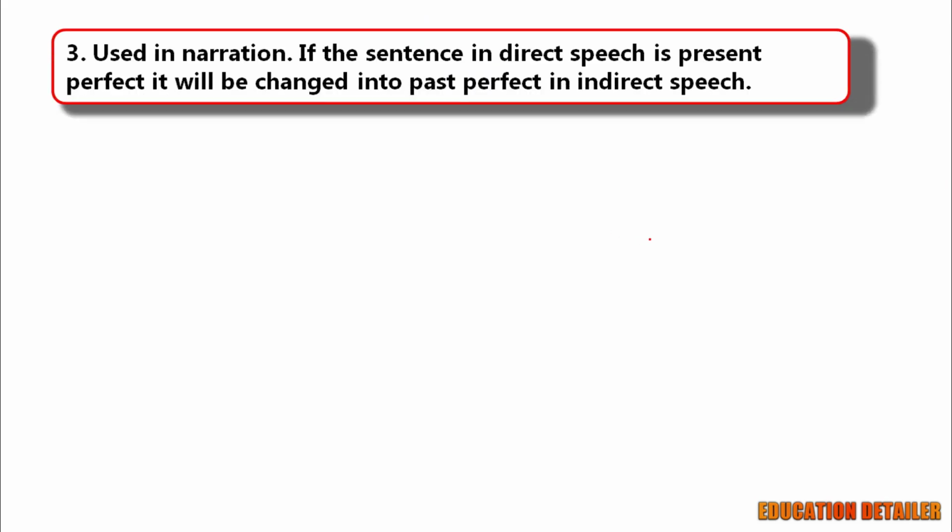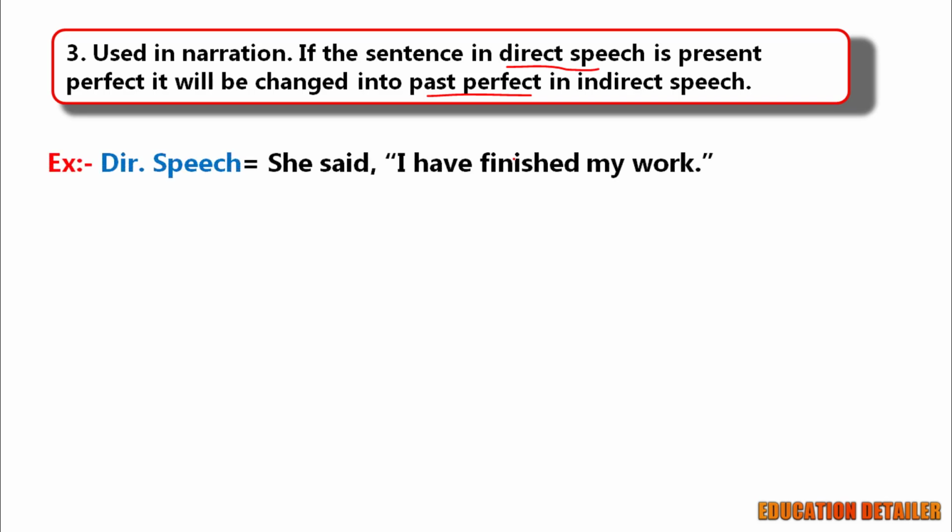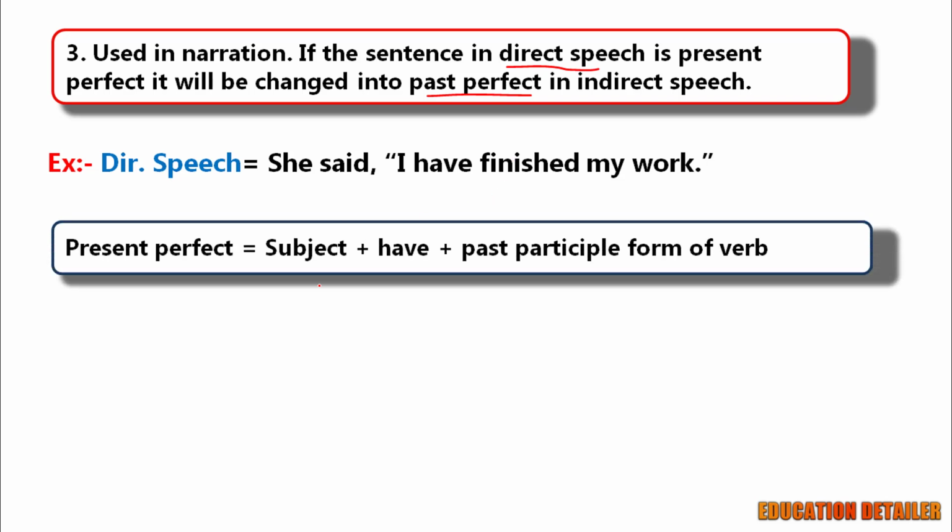Past perfect is also used in narration. When the sentence in direct speech is present perfect, it will be changed into past perfect in indirect speech. She said, "I have finished my work." Present perfect: subject plus have plus past participle form of verb.